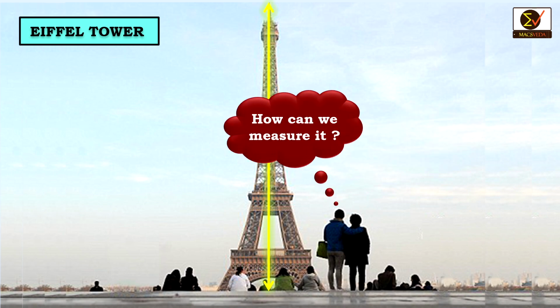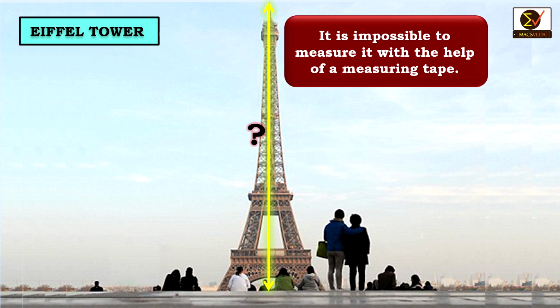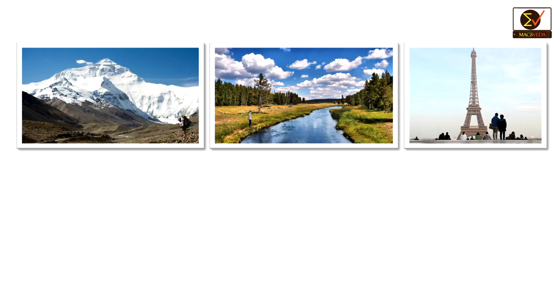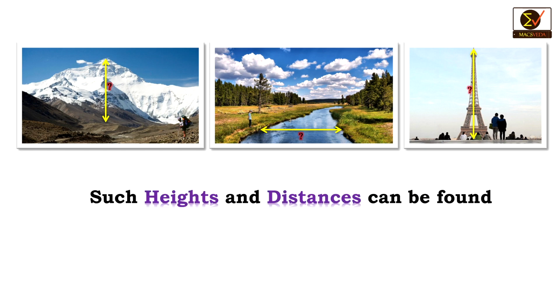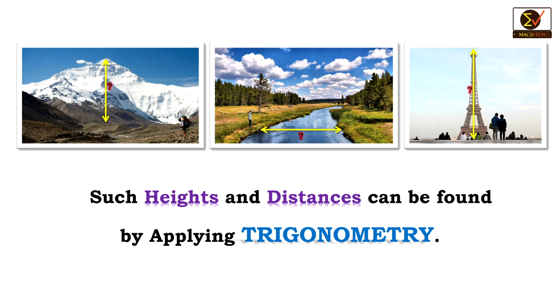How can we measure it? It is impossible to measure it with the help of a measuring tape. So the height of Mount Everest or width of a river or height of Eiffel Tower, such heights and distances can be found by applying trigonometry.